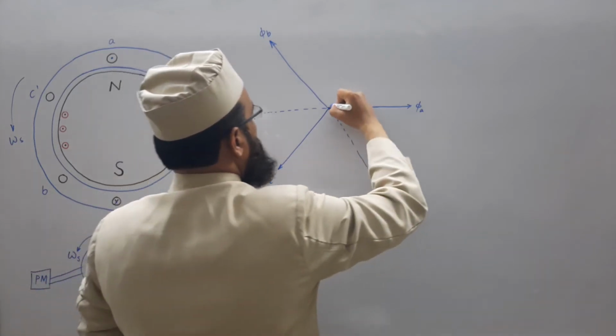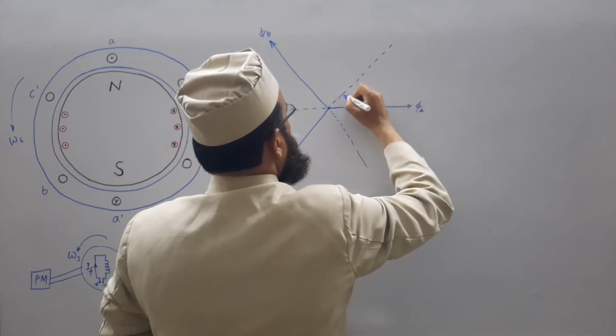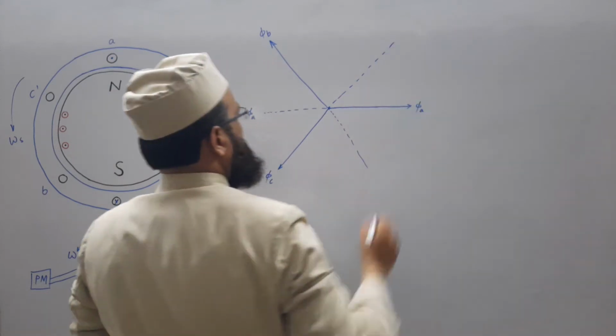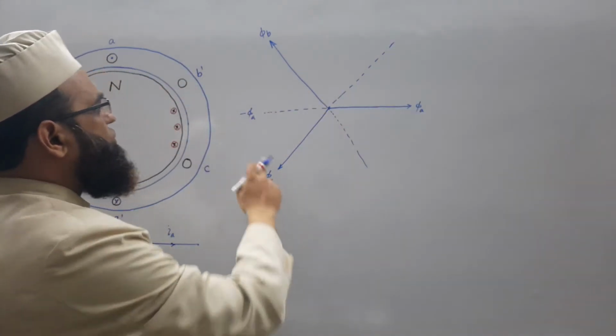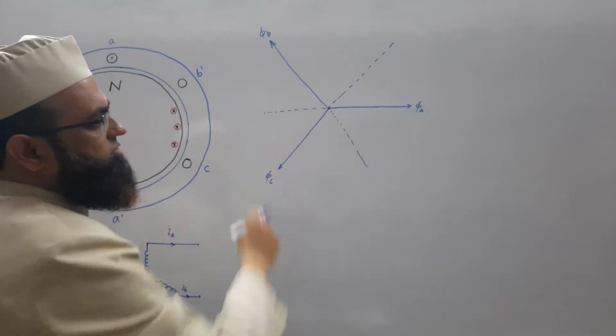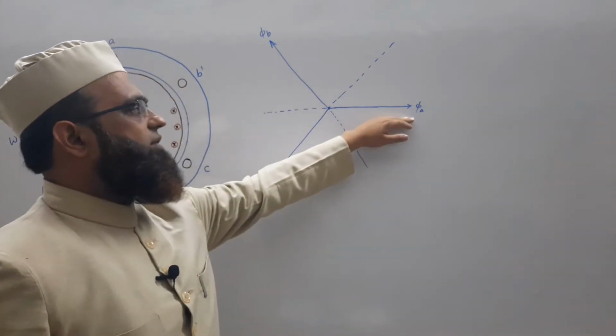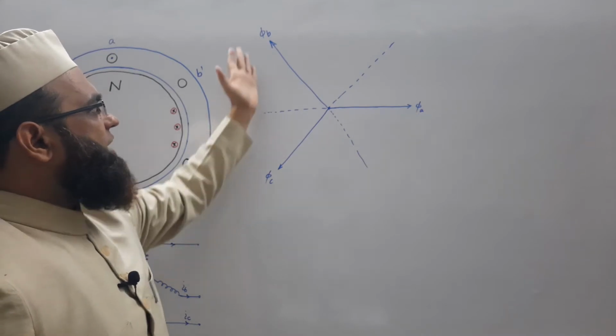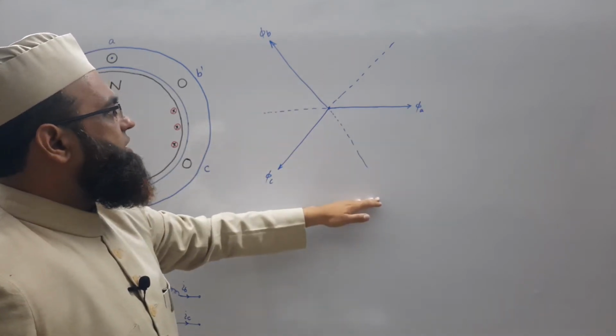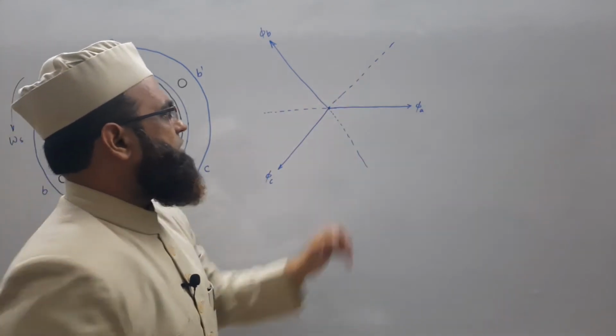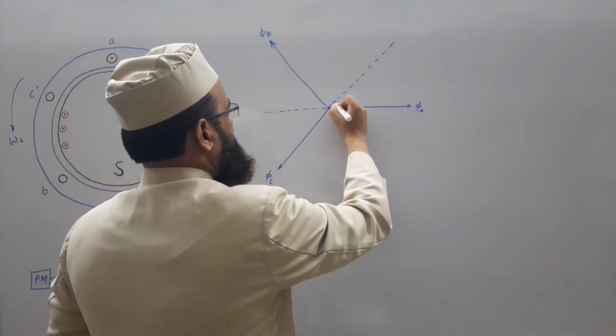Phi C, and here it will be minus phi C, not showing but minus phi C. Let us show only positive values, opposite will be negative of that. So phi A will be here, minus phi A will be here, phi B will be here, minus phi B will be here, and phi C will be here, minus phi C will be there, right?